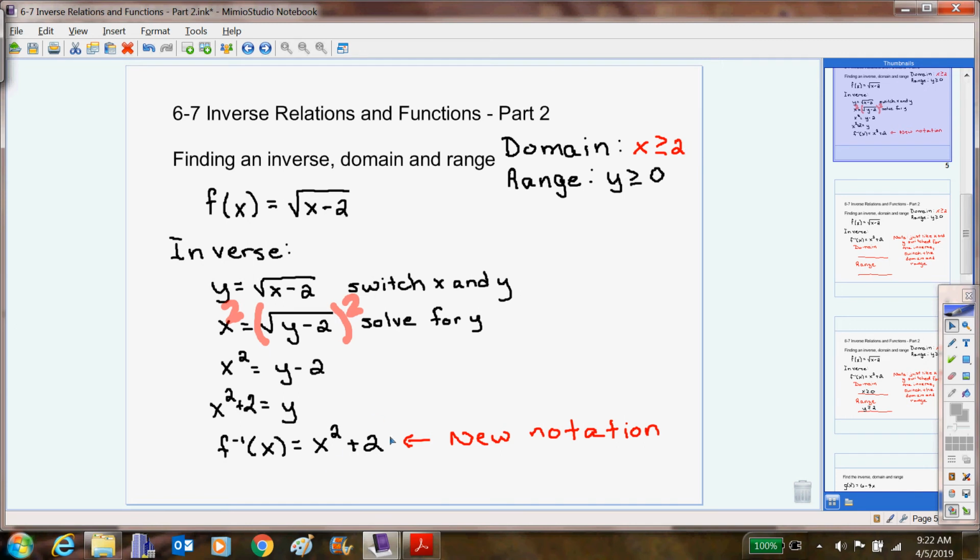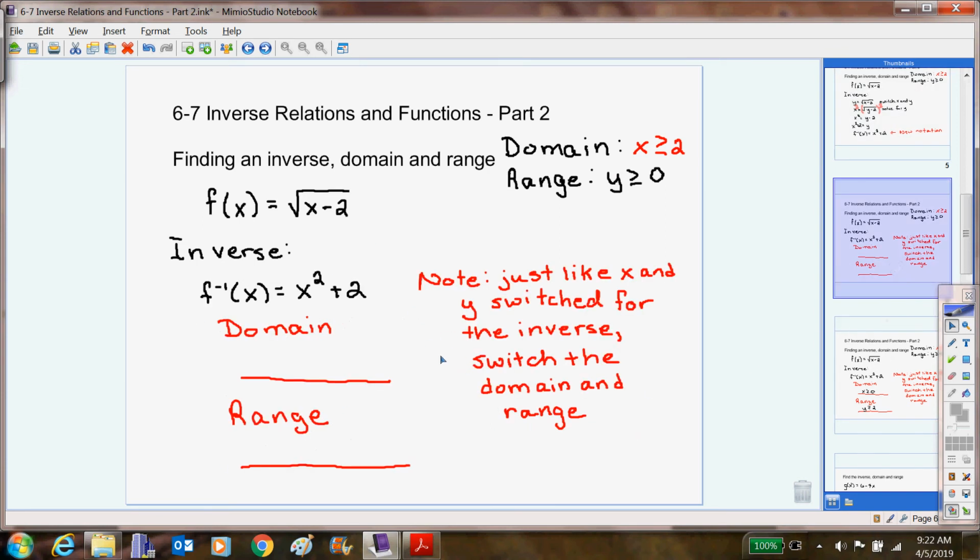In our inverse function, our f inverse has to be greater than or equal to 2. Really, all we do is we switch our domain and range. So this is y is greater than or equal to 2, and this is x is greater than or equal to 0, and that's our finishing touch on our inverse function.